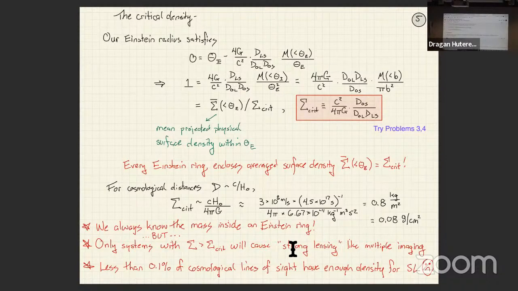It's not going to be able to tell us about the dark matter distribution outside of the halos, right? And what that means is that less than 0.1% of all the lines of sight, all the directions you could look in the universe, are capable of strong lensing. The vast majority of what we see in the sky is not strongly lensed.